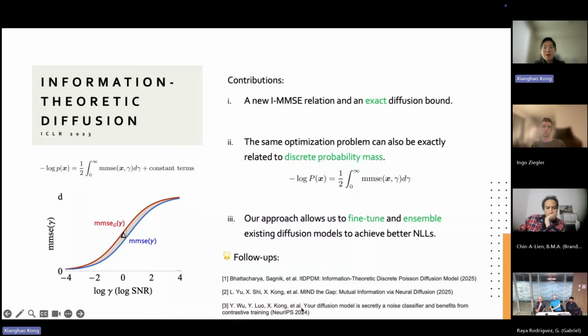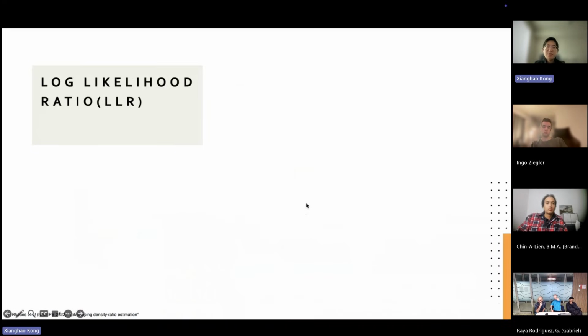The third follow-up is that, from the information theoretic perspective, our diffusion model can be regarded as a noise classifier. That's an interesting new perspective on the diffusion model. So let's get started with the log likelihood ratio, LLR.